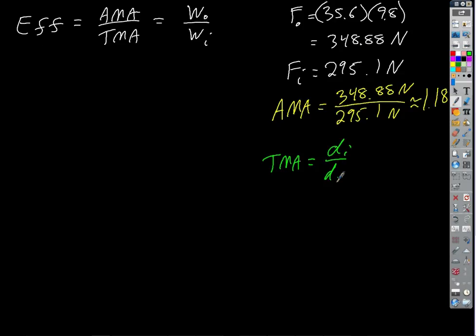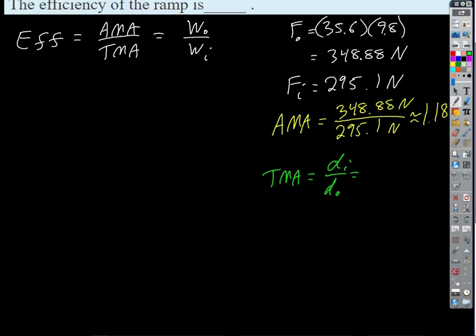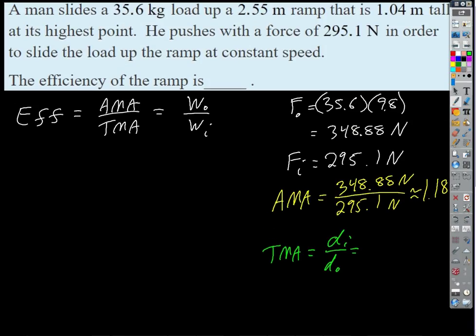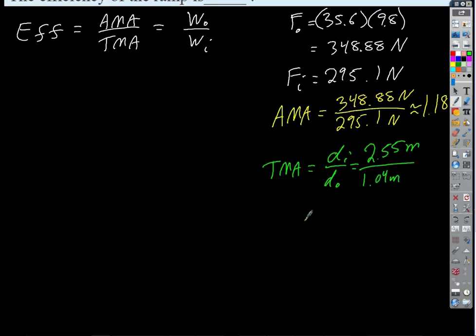Input distance over output distance, right? So the input distance in this case is the length of the ramp. What's the length of the ramp? 2.55 meters. The height of the ramp? So what's the theoretical mechanical advantage roughly equal to? 2.45.